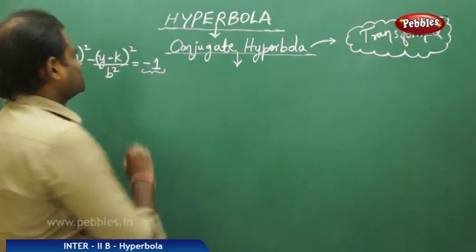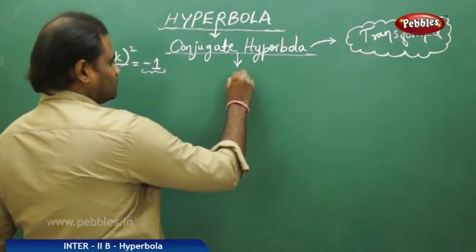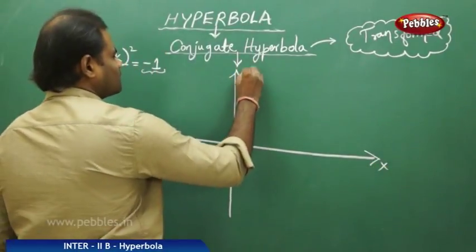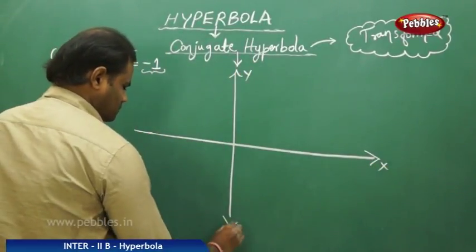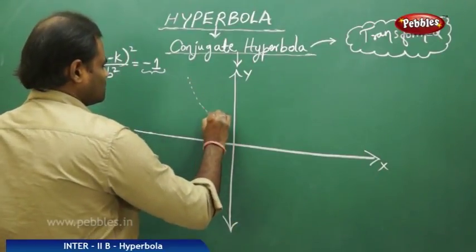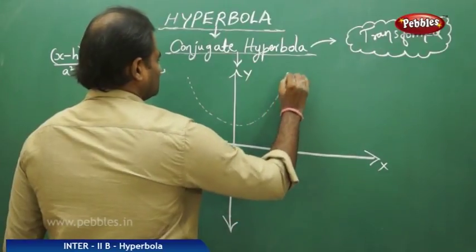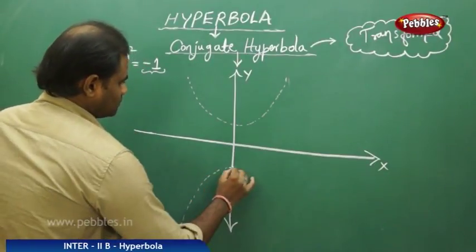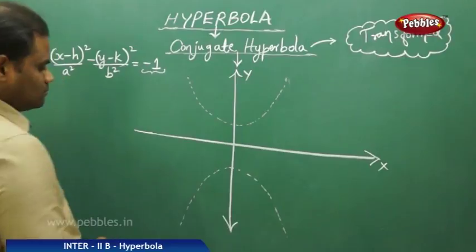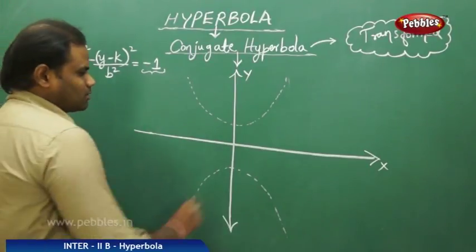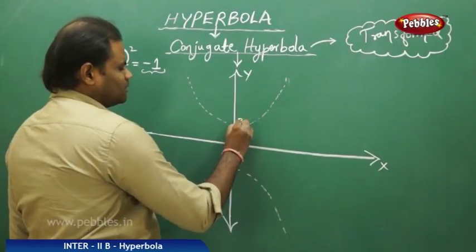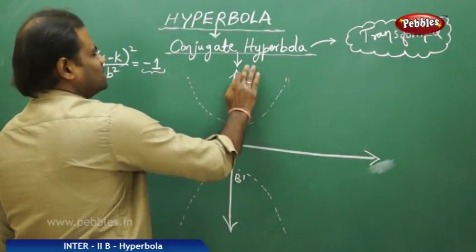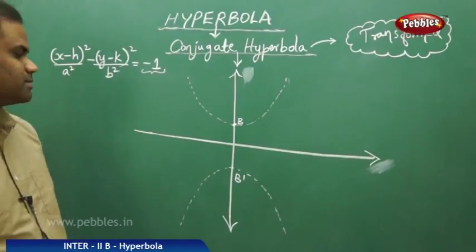Now, as we know that this is in conjugate form because it's minus 1 on the right, now this hyperbola is the conjugate form, and we know that it has the vertices B and B dash, but this is not x-axis and y-axis, but this is a transformed axis other than x and y-axis.